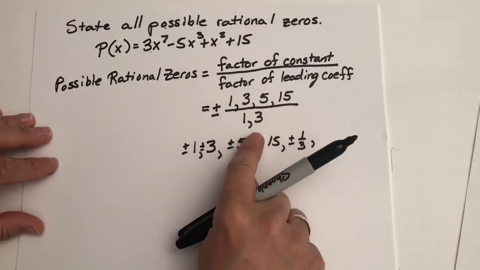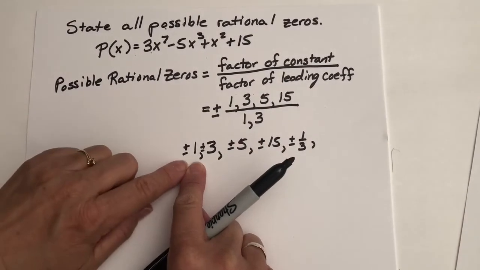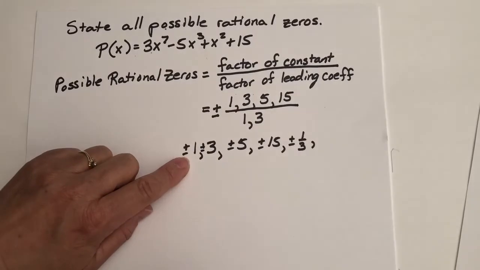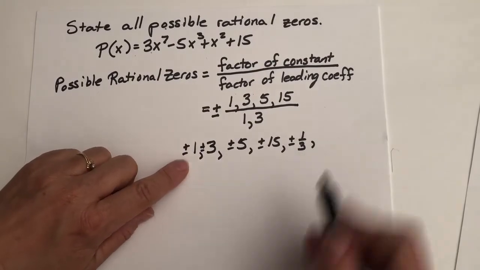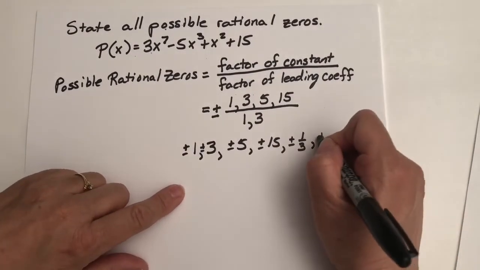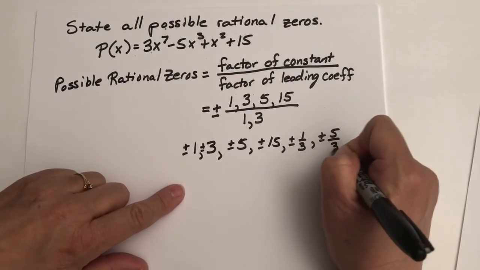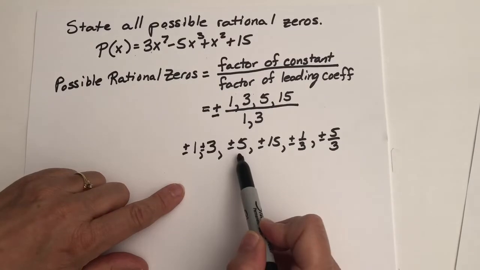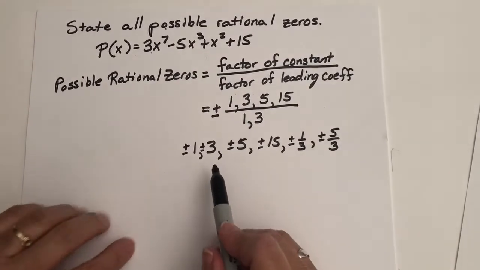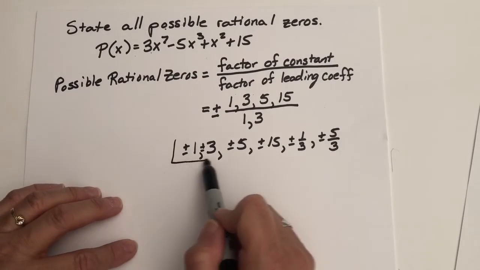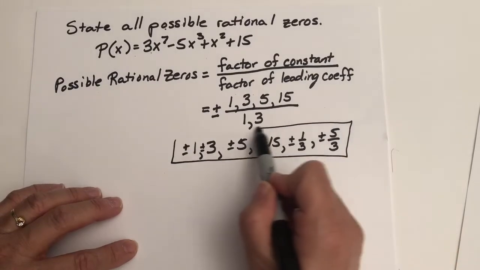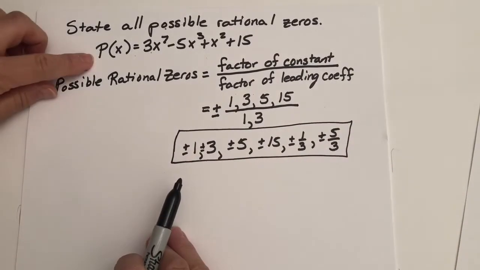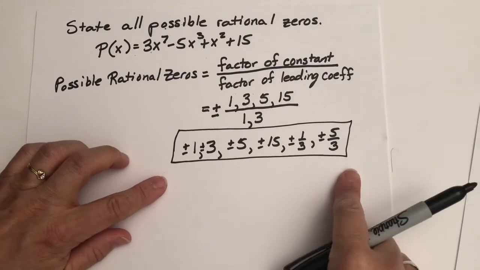I'm about to write 3 over 3, but then I realize that's equivalent to 1, so it's just a duplicate, and I don't need to write it. And then we have 5 over 3. And last, 15 over 3, but that's equal to 5, and again, that would be a duplicate. So the possible rational zeros for this particular polynomial are listed right here.